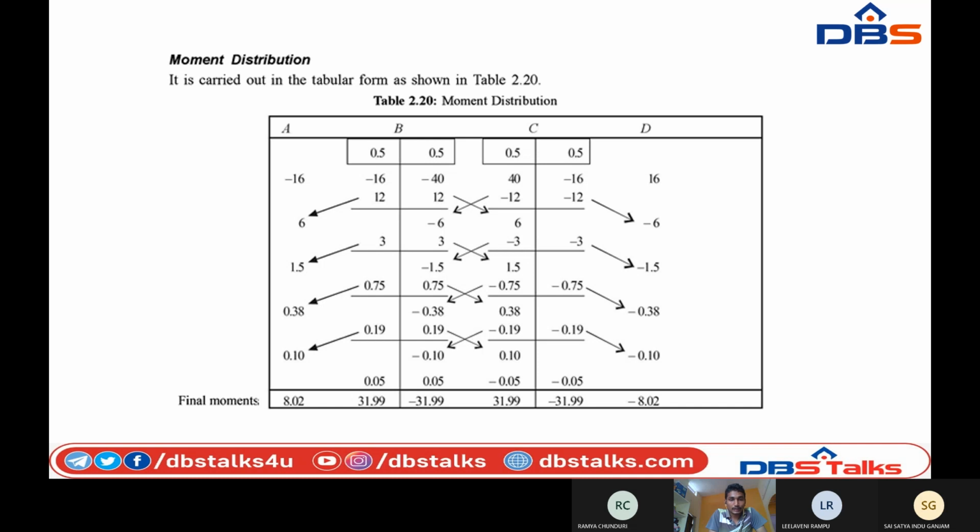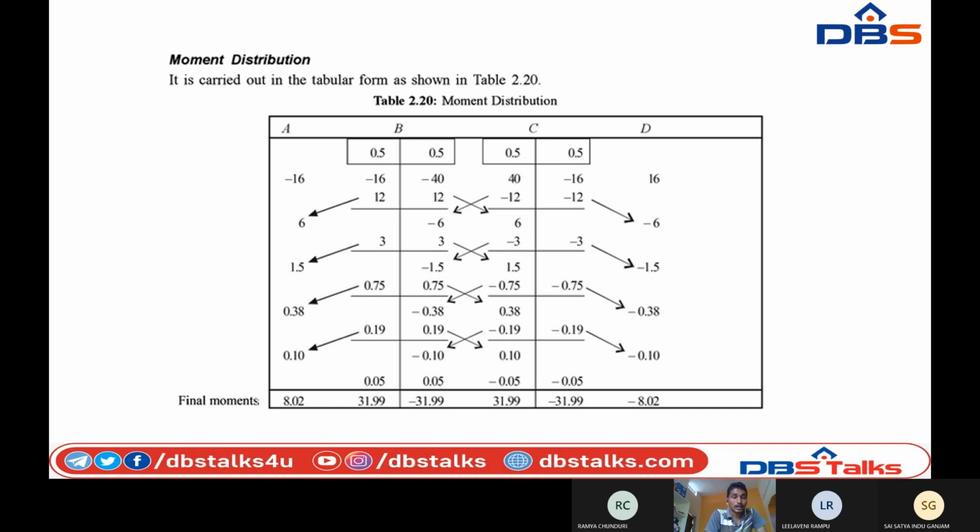Carry over 6 by 2 equals 3. 3 into 0.5 gives 1.5. Same procedure continues, and the ending values are 0.05, 0.05, minus 0.05 and minus 0.05.